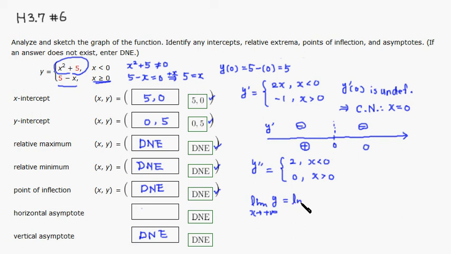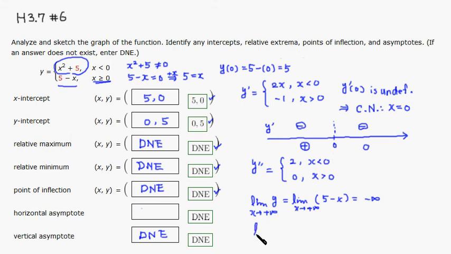The limit as x approaches positive infinity of 5 minus x, with x going to positive infinity, means 5 minus infinity is negative infinity. We could not get a horizontal asymptote there.